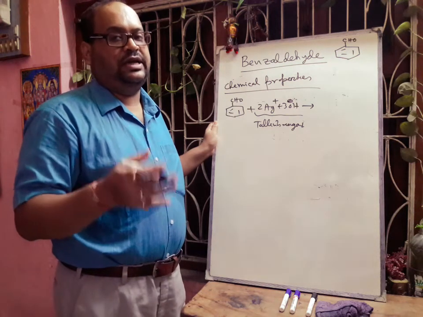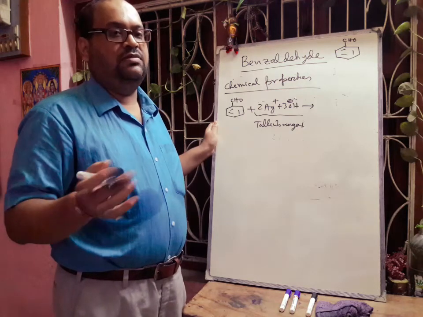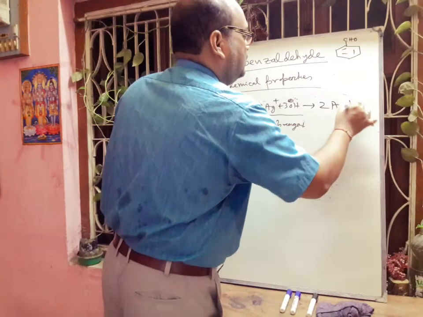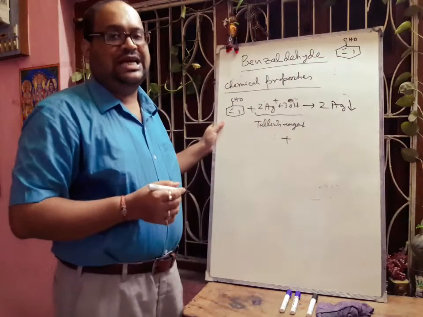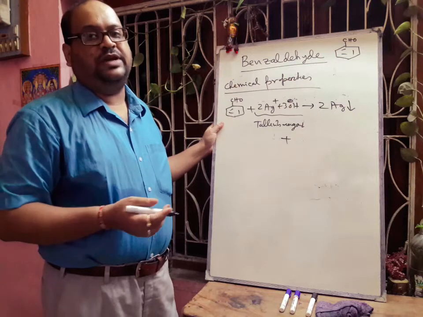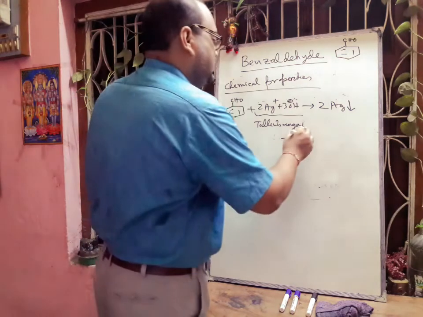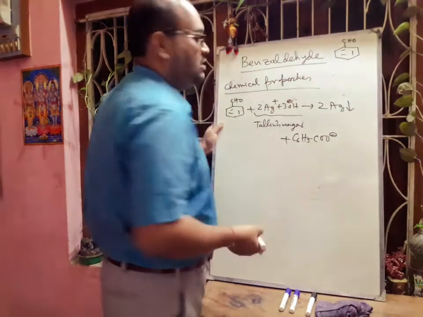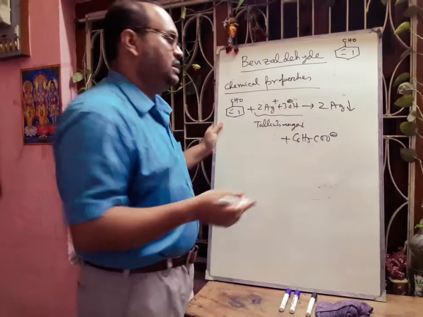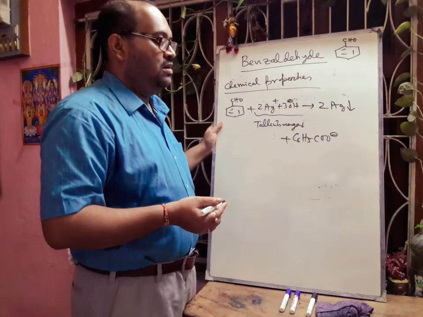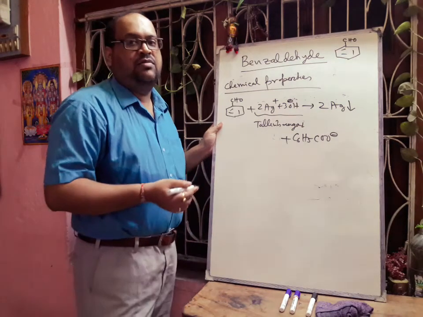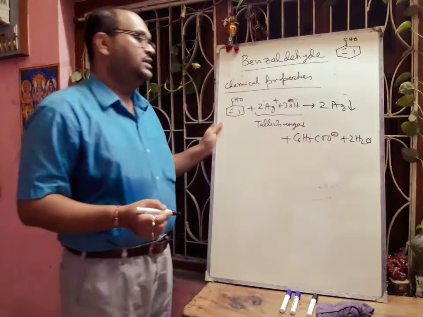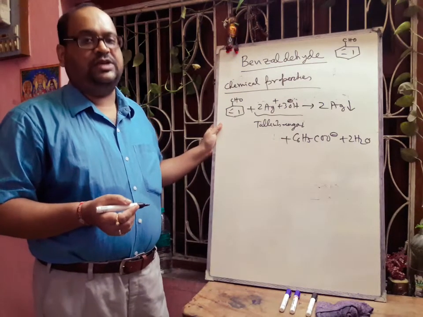Whatever container you are using for this reaction, there will be a precipitate of silver and formation of a silver mirror. So silver will be precipitated, and the benzaldehyde will be converted to the corresponding acid salt, that means C6H5COO-, and if you take sodium hydroxide, then C6H5COO-Na+, plus there will be formation of twice H2O. So benzaldehyde will give you the positive Tollens test.